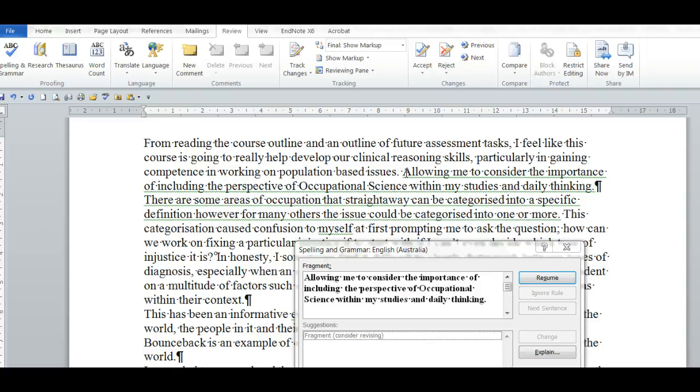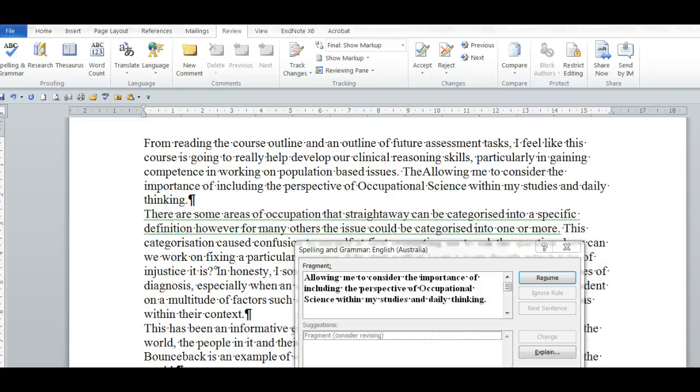One way would be the course content allows me to consider the importance of including the perspective of occupational science within my studies and daily thinking.